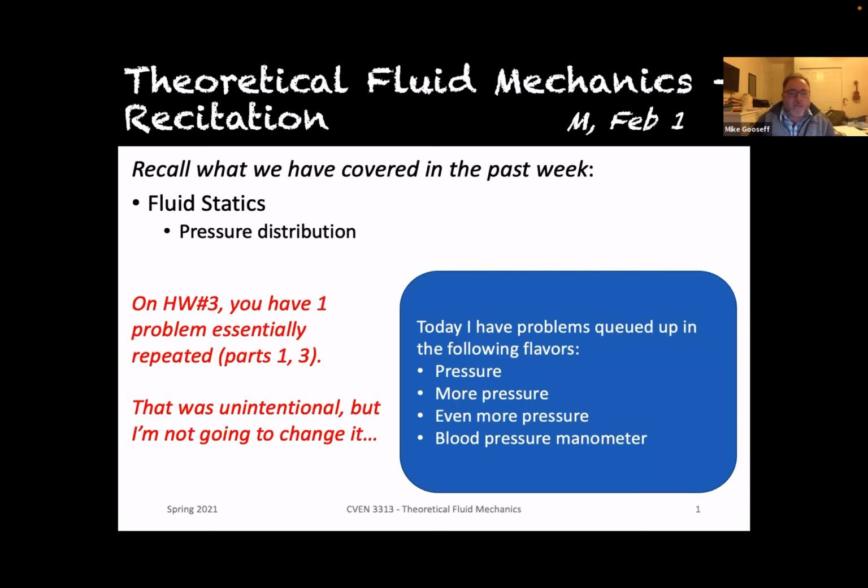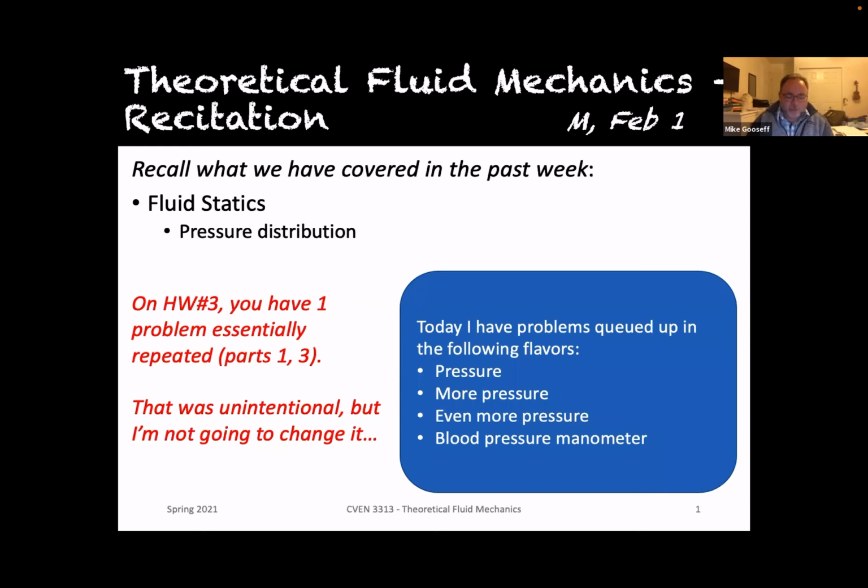Note one thing that I overlooked somehow. On homework 3, you have one problem that's essentially repeated in parts, one being the Wiley problems, remember, and then part 3, which is the paper problems, parts 2 and 3 of the paper problems. That was totally inadvertent. I apologize for that. You'll probably have different numbers for both, is my guess, but there may not.